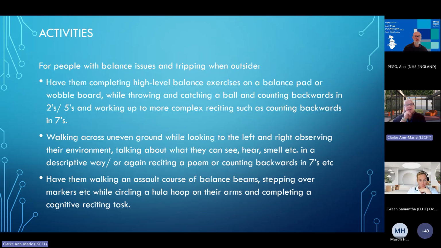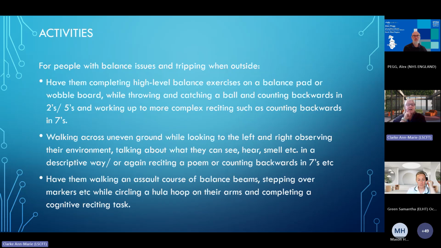So if you've got people who are saying they have balance issues, tripping up when outside, which they don't do when they're at home, it's things like have them completing high level balance exercises on a balance pad or wobble board while throwing and catching a ball and counting backwards in 2s and 5s, all at the same time. Working up to more complex tasks such as reciting and counting backwards in 7s, which takes a lot more cognitive processing.